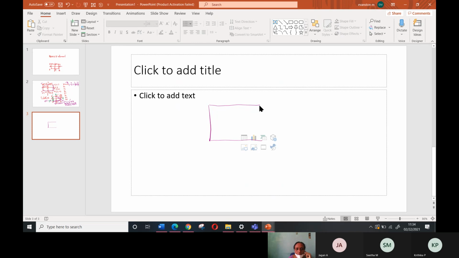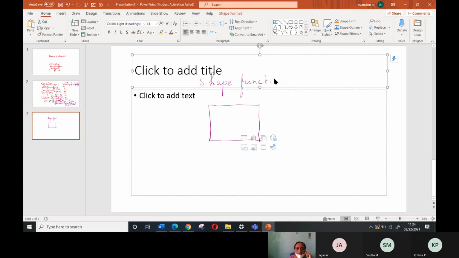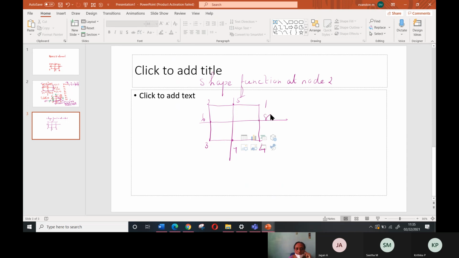Shape function at node 2. So your doubt is, nodes 1, 2, 3, 4, 5, 6, 7, 8.